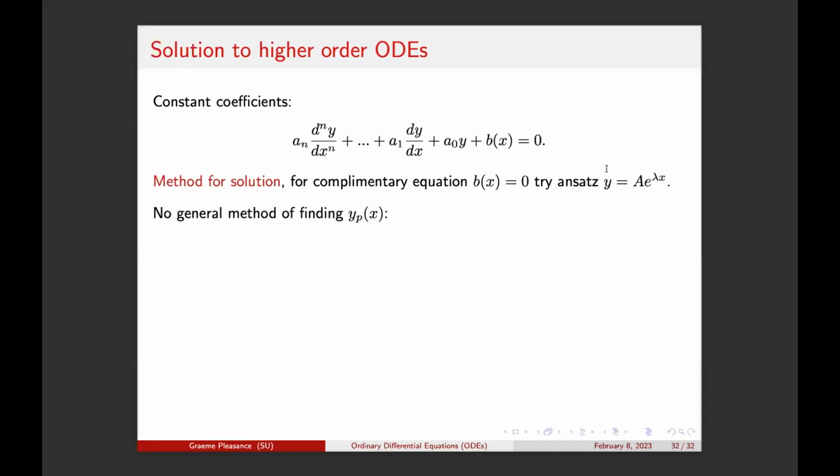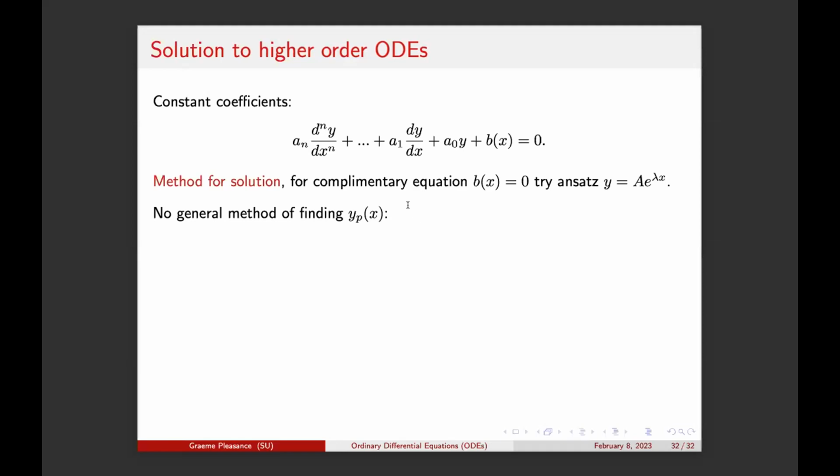We introduce an ansatz, we then obtain the auxiliary equation, and then we solve the auxiliary equation to obtain n values of lambda. Obviously our solution will have a particular form depending on whether each of these lambdas is real, or whether we have complex conjugate pairs, or whether we have some kind of degeneracy.